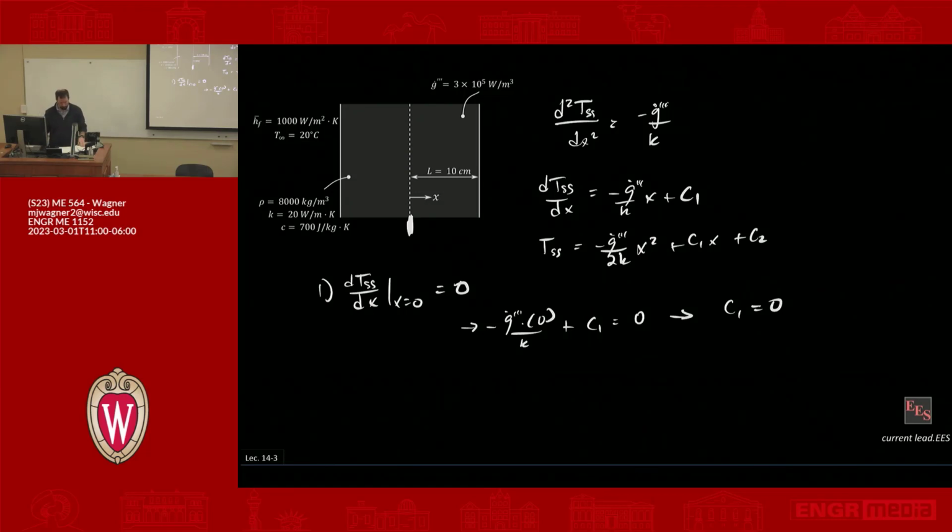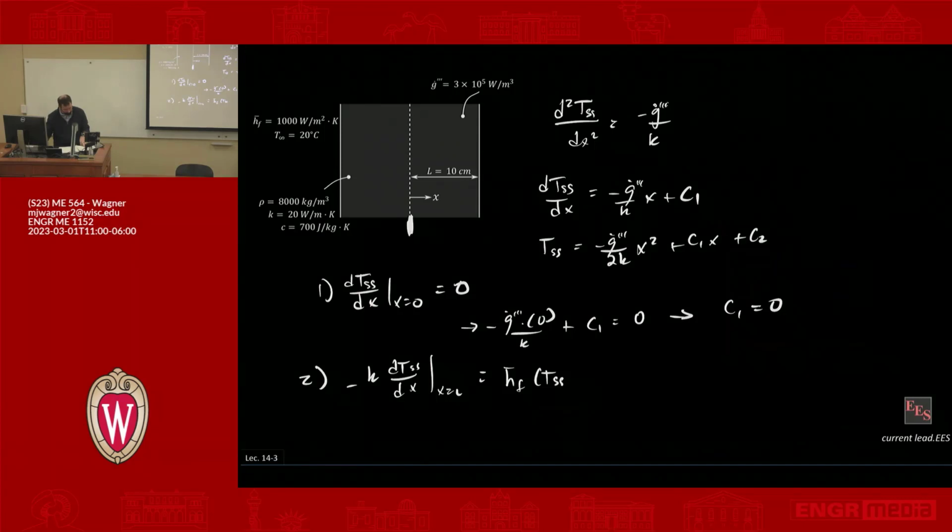C2, that's going to be looking at the outer wall. So for C2, conduction, minus k dT/dx at x equals L, is equal to h bar f times T steady state at x equals L minus T infinity.